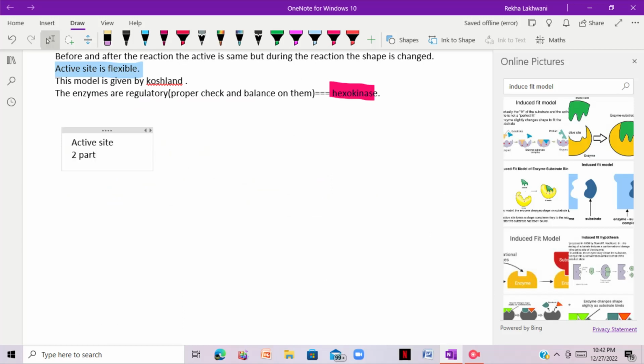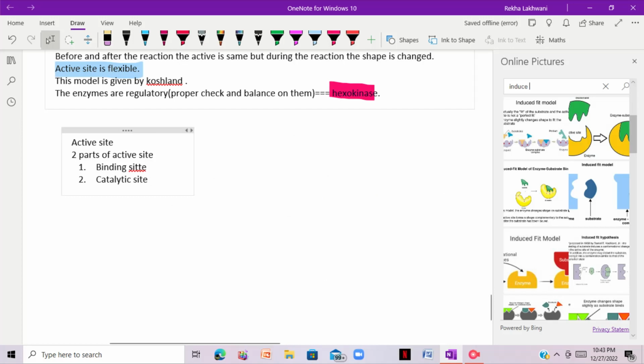Let me show you the diagram too. So here we have the diagram.